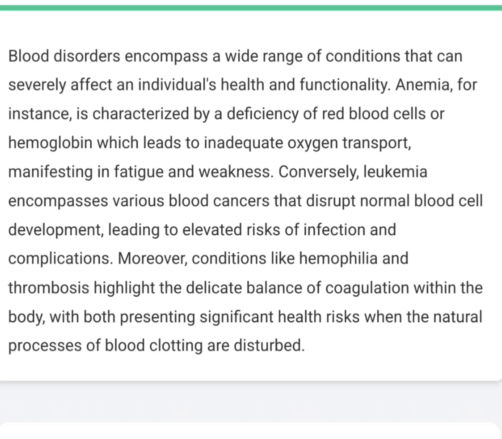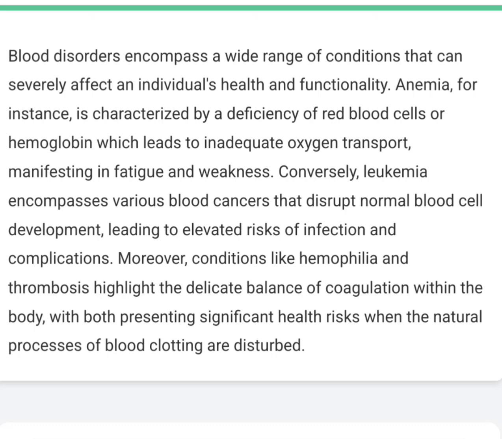Blood disorders encompass a wide range of conditions that can severely affect an individual's health and functionality. Anemia, for instance, is characterized by a deficiency of red blood cells or hemoglobin, which leads to inadequate oxygen transport, manifesting in fatigue and weakness.